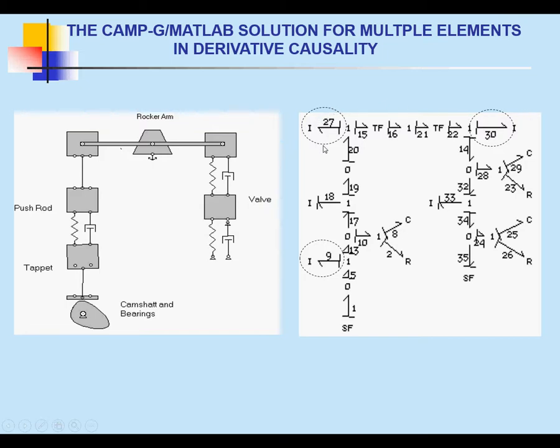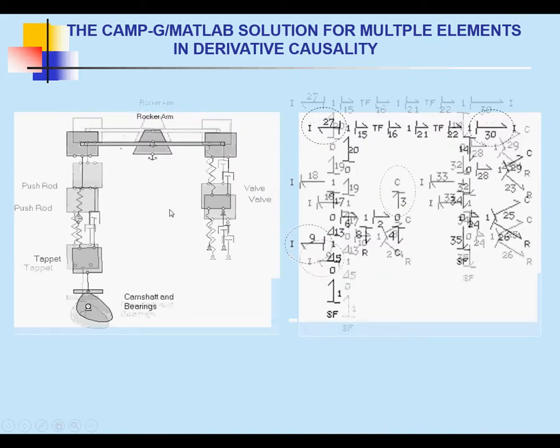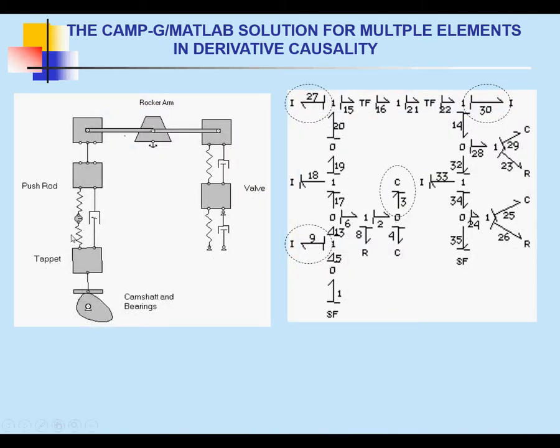Now you have 1, 2, and 3 derivative forms. So we complicated things. Let's say in here now I'm going to do something else. Instead of making one spring, I put 2. Well, that 2 throws me into another derivative form here.